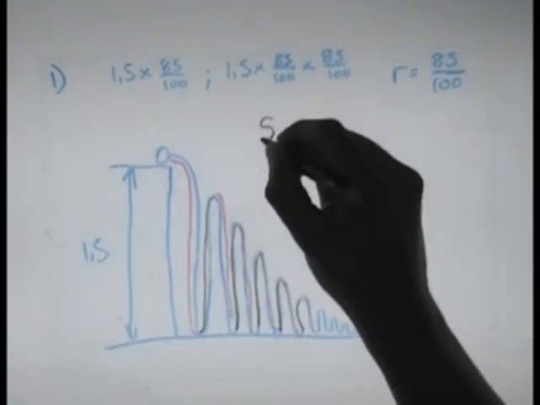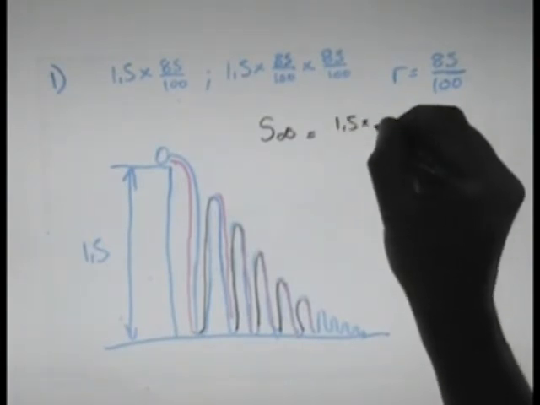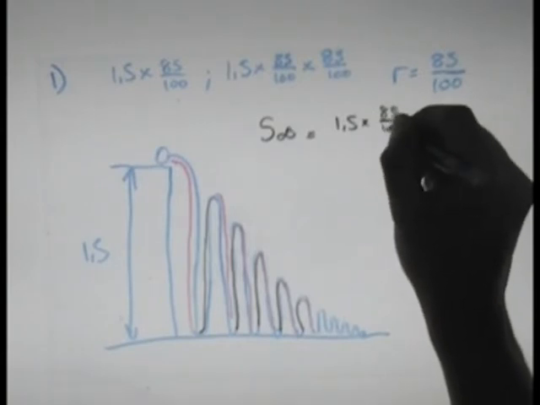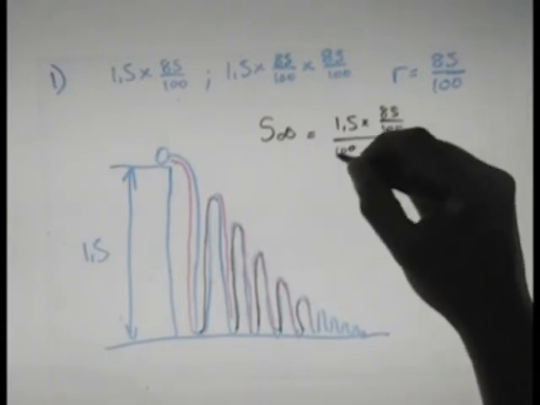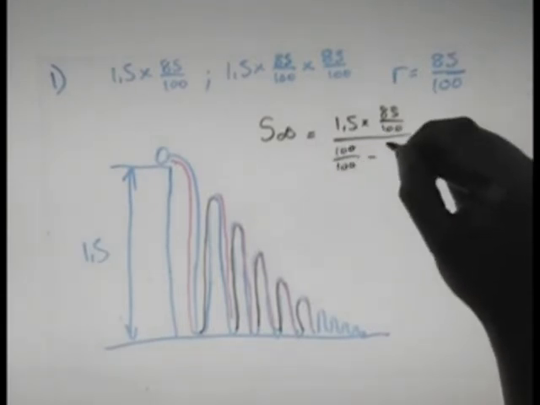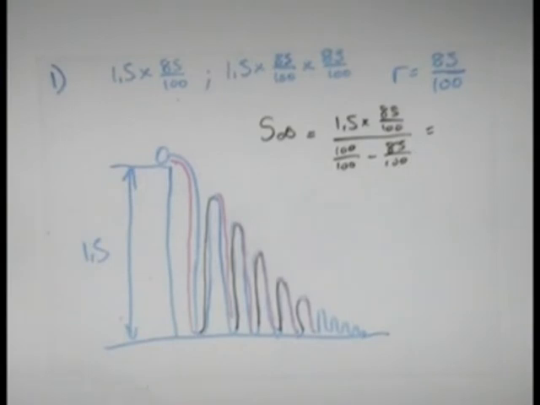So let's start by looking at S to infinity is equal to a, which is 1.5 times 85 over 100, divided by 1 minus r, which is 100 over 100 minus 85 over 100. That is going to equal 1.5 times 85 over 100, which is 1.275, divided by 100 minus 85, which is 15.